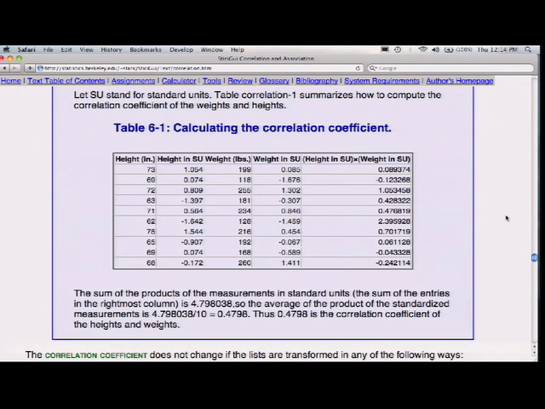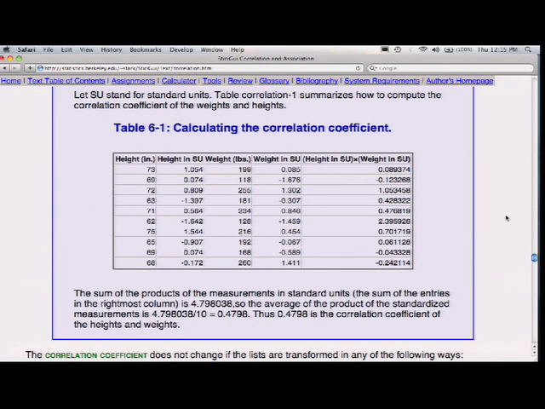So every height measurement is off by 2 inches. Is that going to change the value of the correlation coefficient? No, because all that's going to do is shift every value by 2 inches. It's going to shift the mean by 2 inches as well. And when I convert to standard units, I'm subtracting the mean, so I'm subtracting off exactly that difference. It's going to just cancel out.